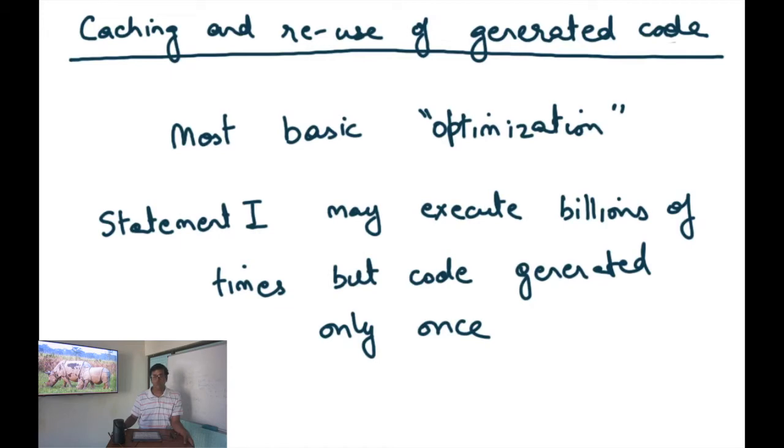And if it's going to execute billions of times, then it doesn't make sense to generate a billion specializations of your instruction during compile time, and you would just generate one specialization, and then whenever that instruction is executed again, you're going to jump to the same place so that you can execute that specialization again.